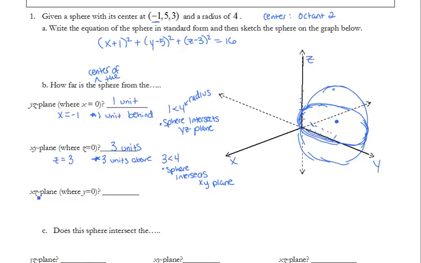And then your XZ plane is where your Y value is 5. And here you're 5 units to the right. So because you're 5 units to the right and your radius is only 4, since 5 is bigger than 4, the sphere does not intersect the XZ plane.